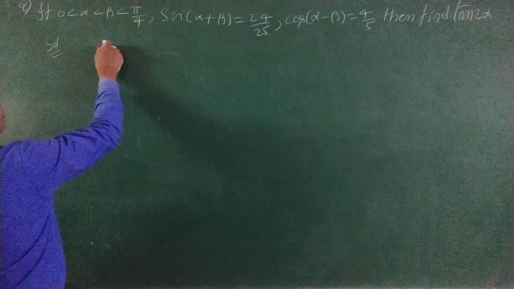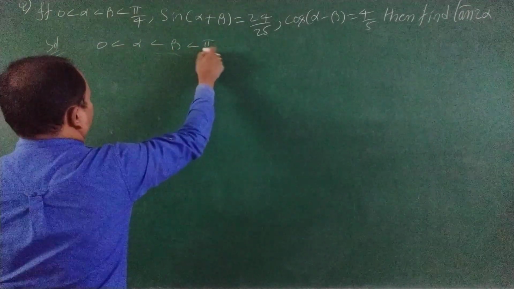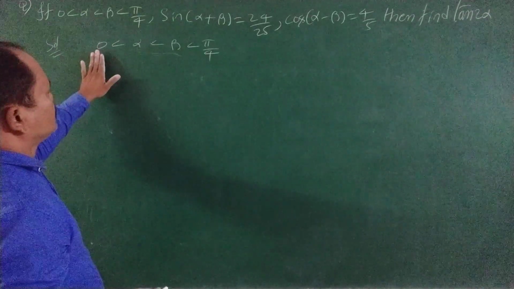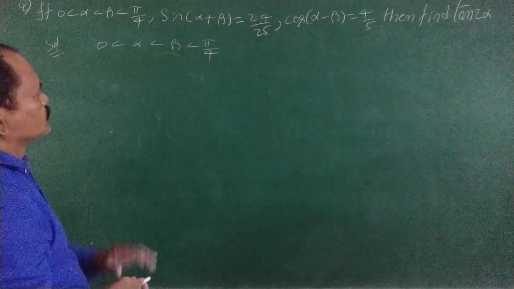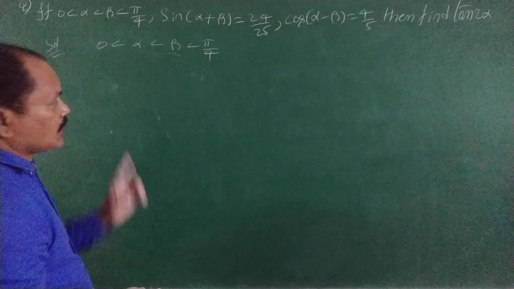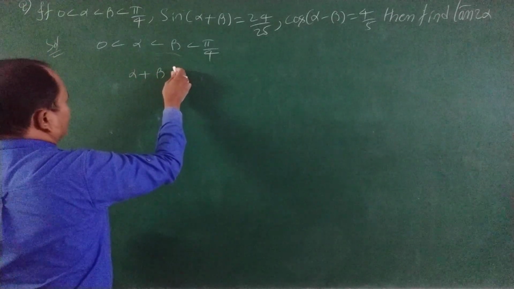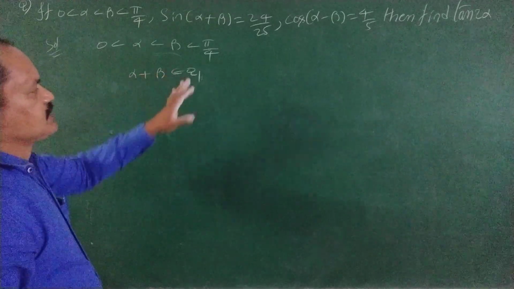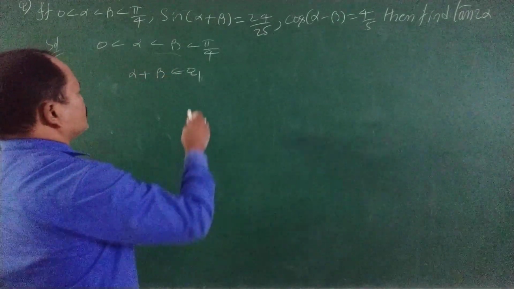Observe 0 < alpha < beta < pi/4. Alpha and beta lie within the interval 0 to pi/4. Now alpha plus beta belongs to Q1, so alpha plus beta is positive.